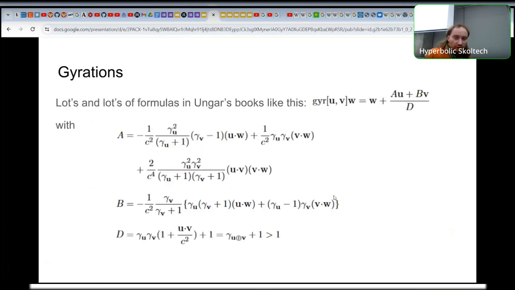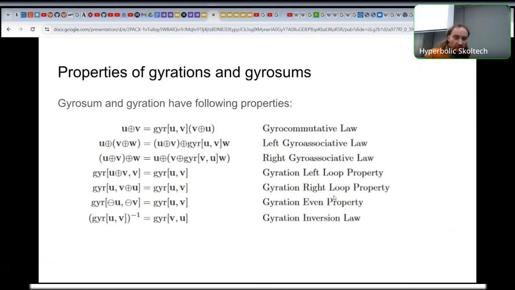So this is the gyrator operator formula. There are several laws for gyrator operators and gyrosums. So I said to you that A plus B and B plus A are different.